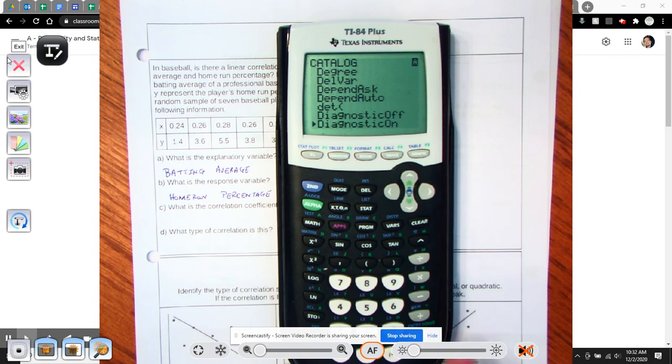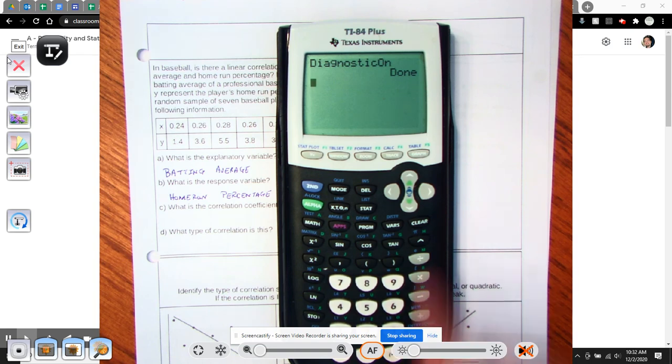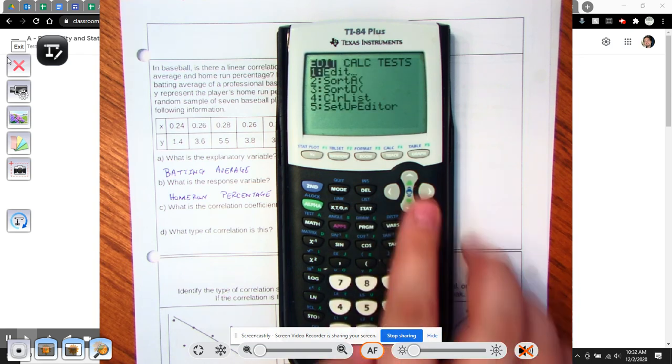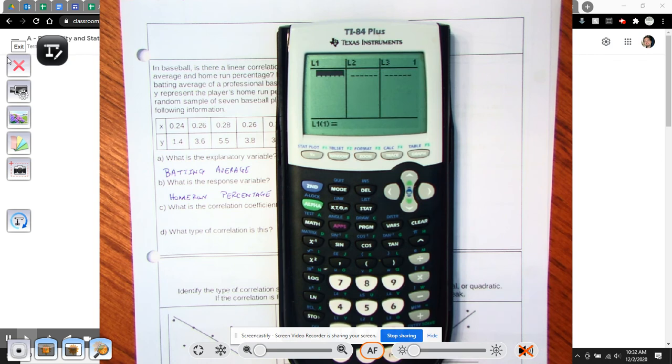So diagnostic on, we'll hit enter, and we'll hit enter. Next, I'm going to hit stat, hit enter. And I don't have anything in my list, so I'm not going to move up and hit clear and move down. If I did, I would.